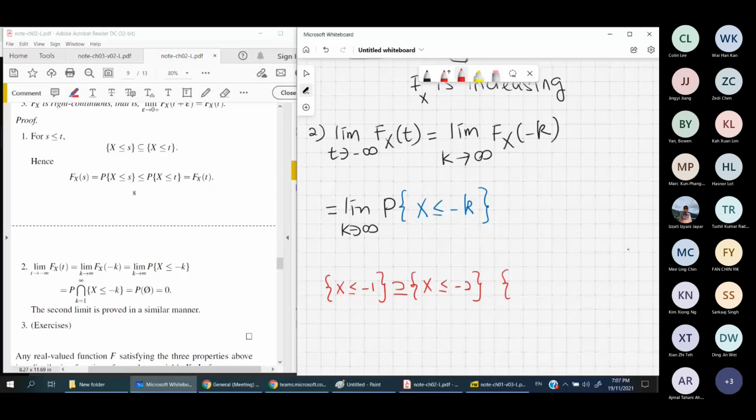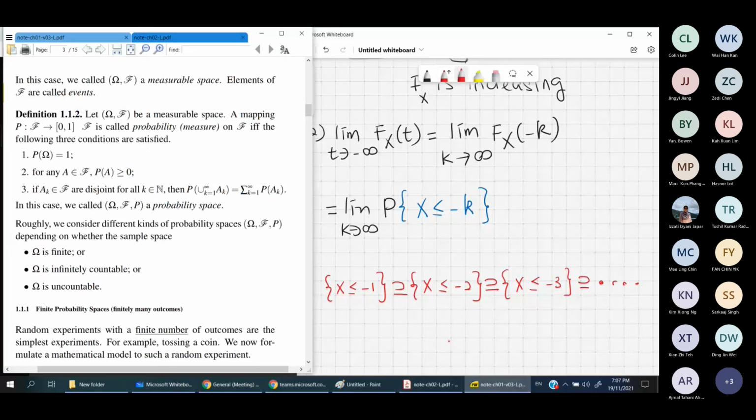Similarly, you look at X less than or equal to -3. Again, -2 is larger than -3, so we have to include this as a subset. If we follow this process, then we can see this is a decreasing sequence of sets.